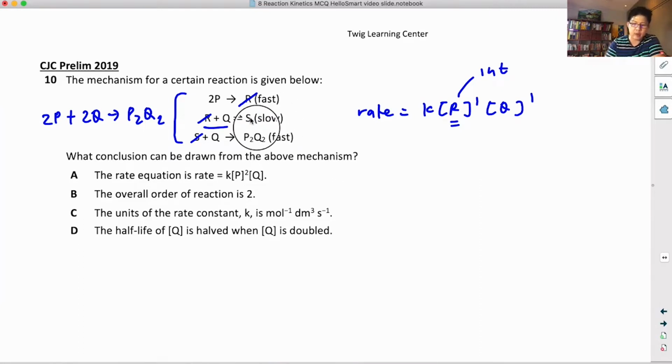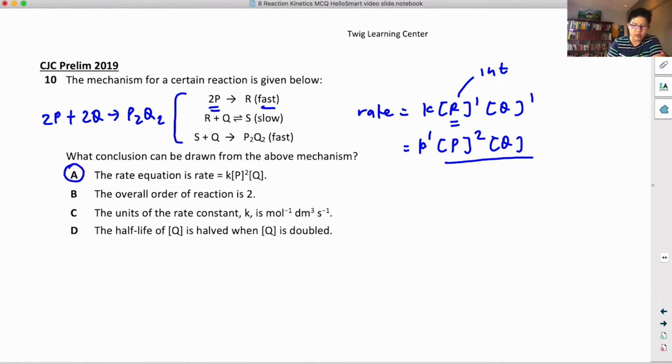Because of that, you have to replace it. Look at the fast step: R came from 2P, so you can replace R with P squared. Of course the k is a different k, so I'm going to put k prime. This is what it should look like. So A is correct, and the answer is A.